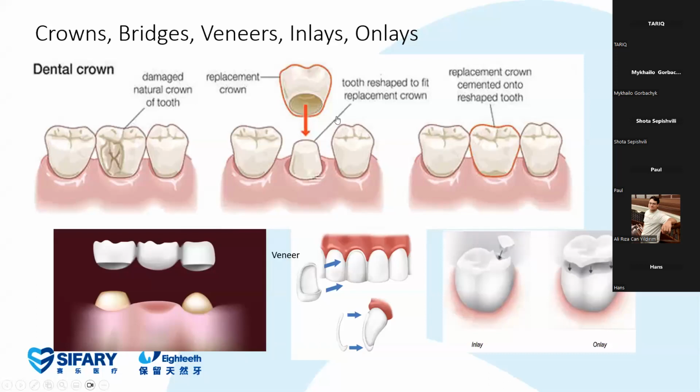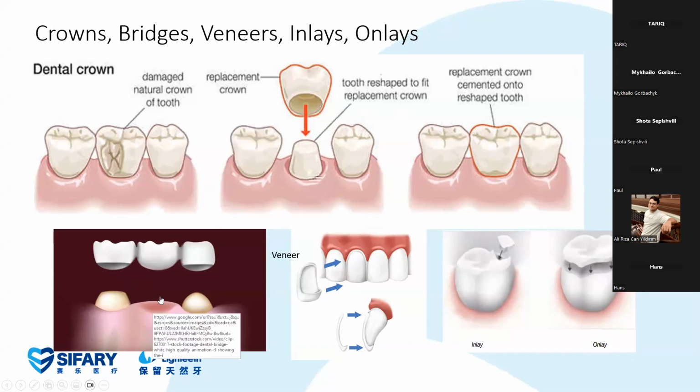As you see in the pictures, a dental crown means that if a natural tooth is damaged, doctors reshape the unhealthy tooth in order to fit a replacement crown. If it's a single unit, we call it a crown.